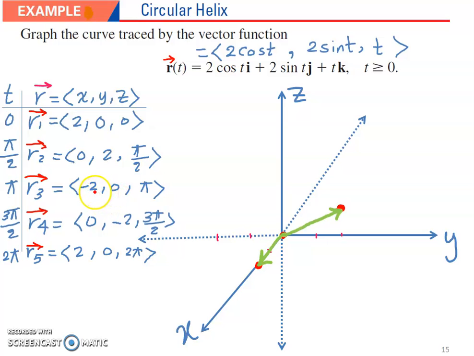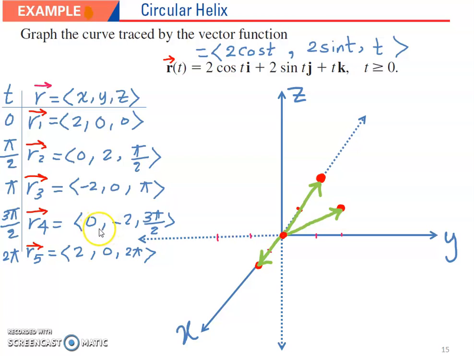R3 is at the point minus 2 from x, so this is positive x. Minus 2 from x will be here, with 0 from y and pi from z. That means rotation from here to here, it is another 90 degree. And we're getting the following vector, R3.